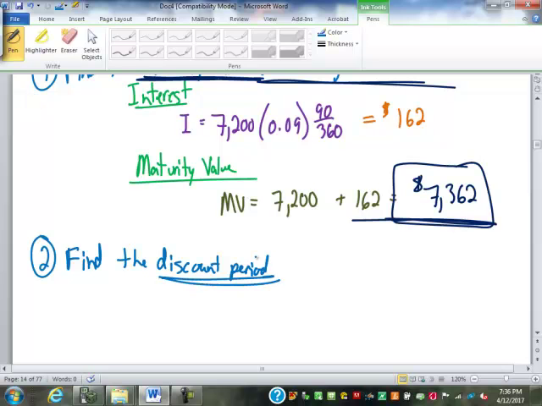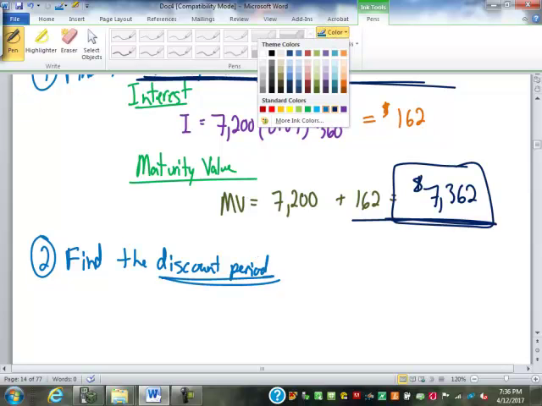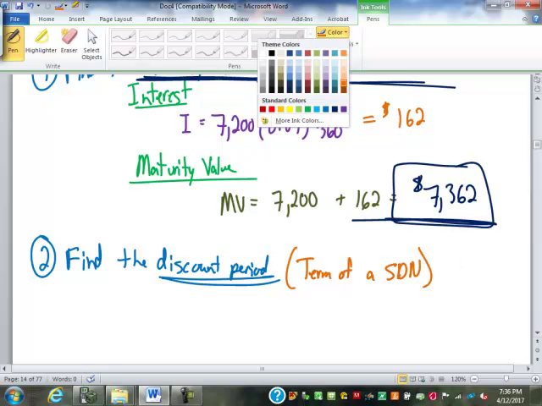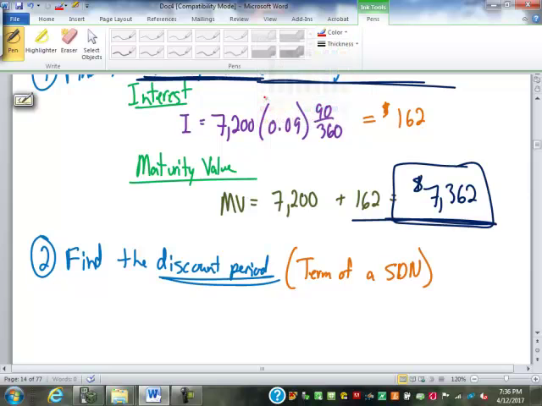The discount period is the term of a simple discount note. The simple discount note here is going to be once Tom turns that note over to the bank or borrows from the bank.